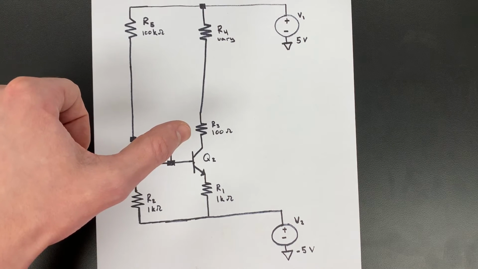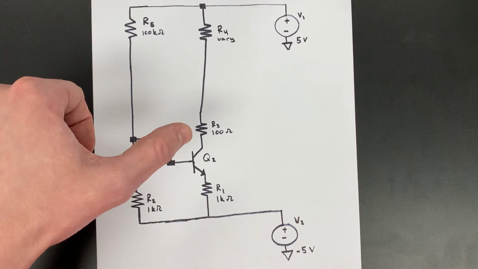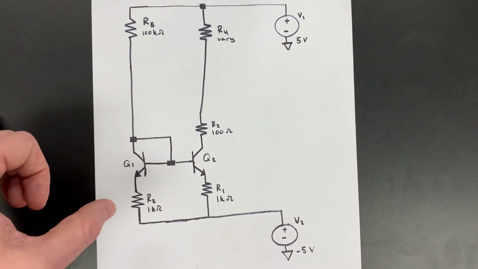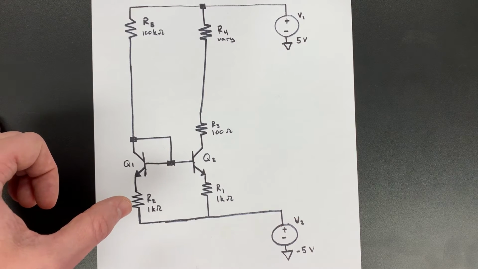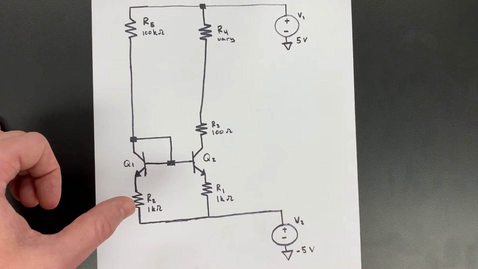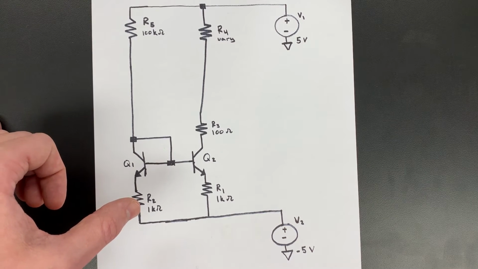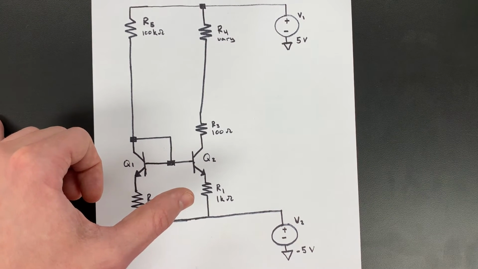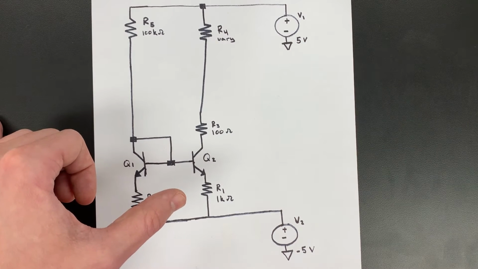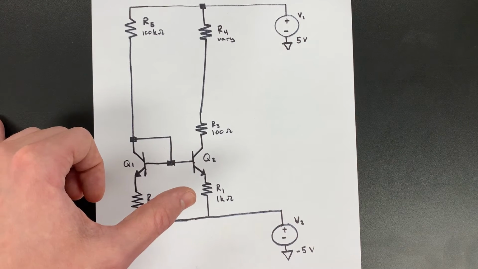R3 is actually 99.3 ohms, R2 is 982 ohms, and R1 is 995 ohms.